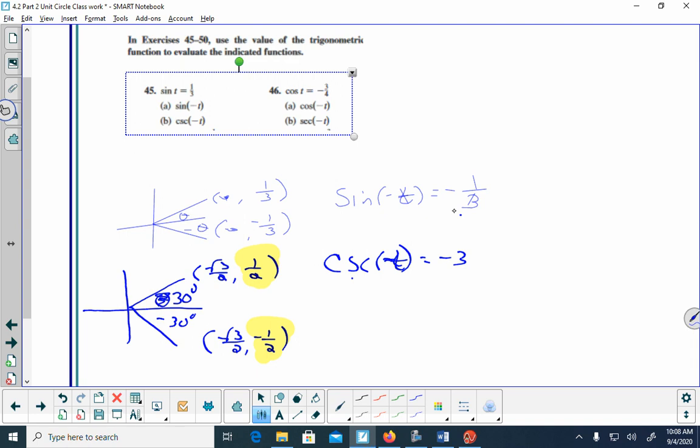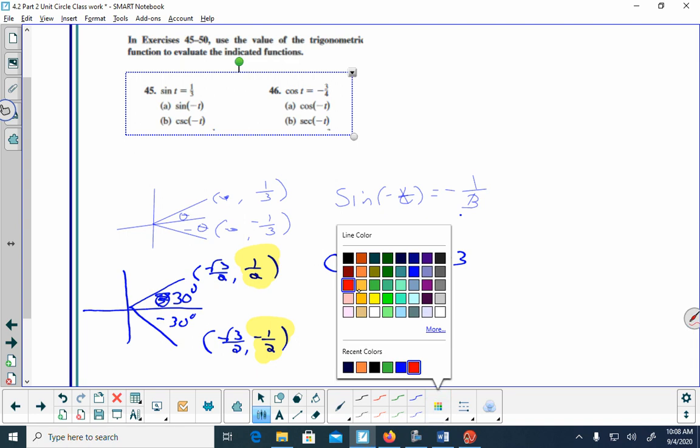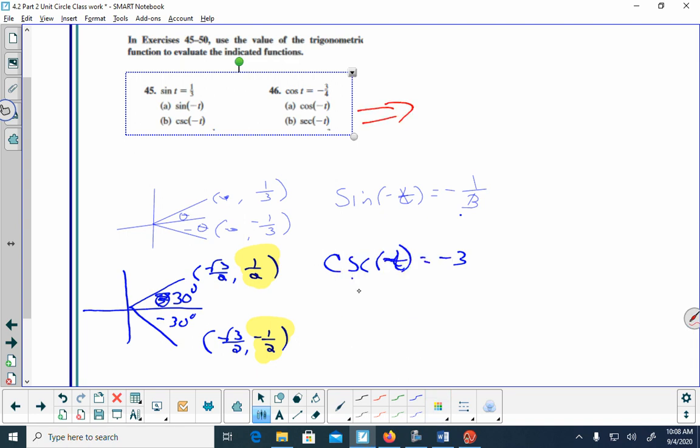So now let's do the cosine. This is really messy, and I'm sorry, but to do the cosine, remember the cosine is this value, so a positive 30 is square root of 3 over 2, and negative 30 is the square root of 3 over 2. So it's the same number, same sign. So when I take the cosine of t, that's negative 3/4, which means the cosine of the opposite of t is still going to stay a negative 3/4.